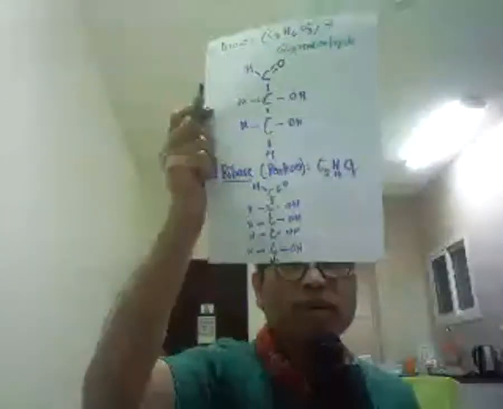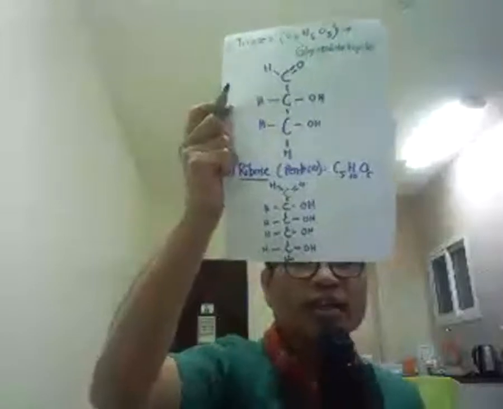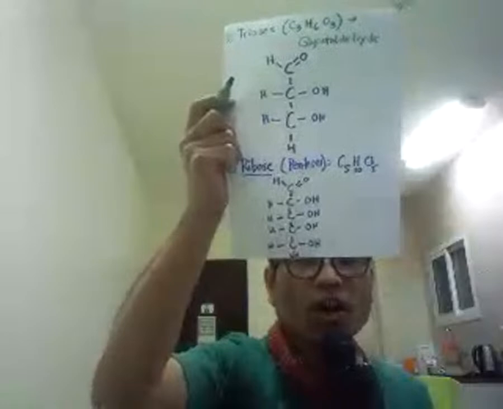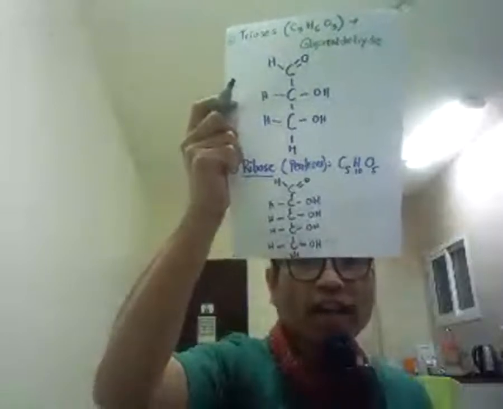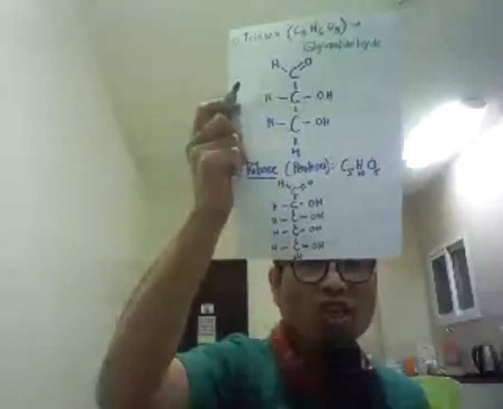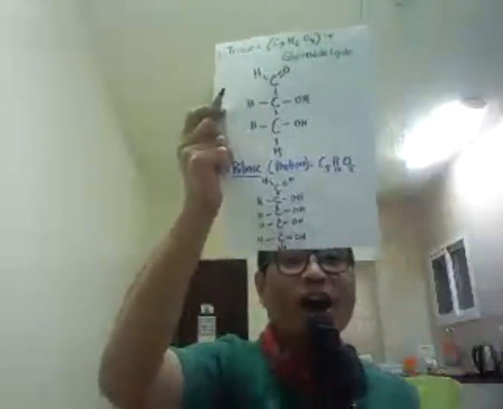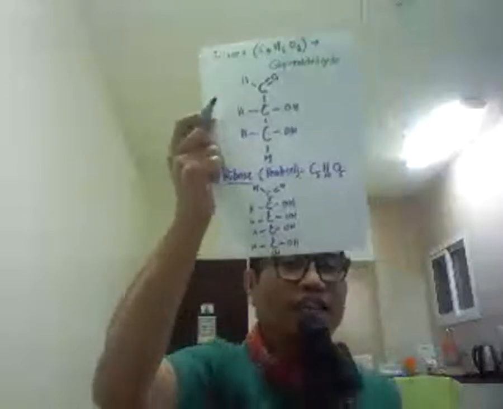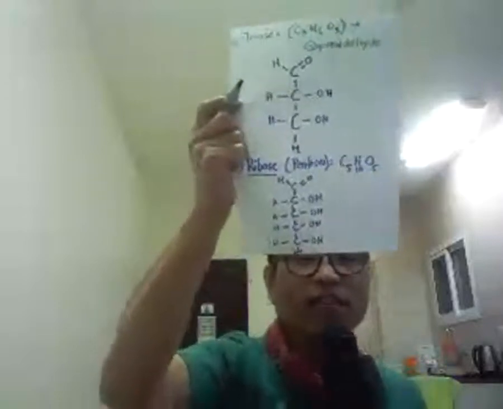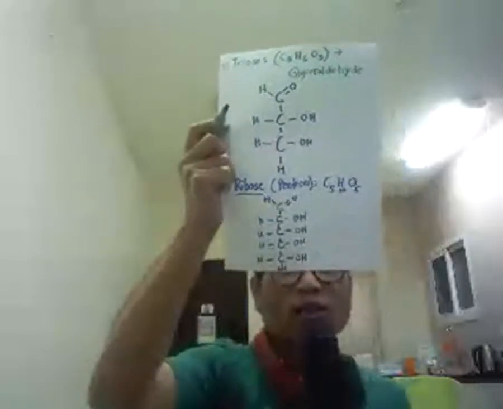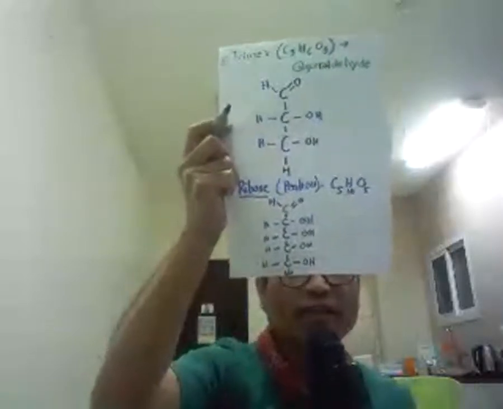Count now. This is our covalent bonding. Why? Because all are being shared. The electrons in the outermost shell of each carbon atom are shared completely to hydrogen, oxygen, and the hydroxyl group. Count: 5 carbon atoms, 1, 2, 3, 4, 5.